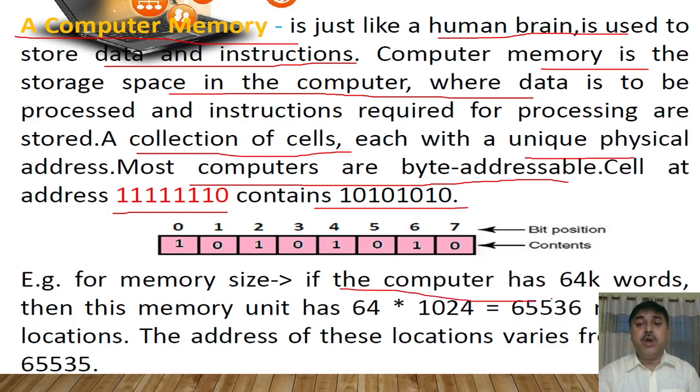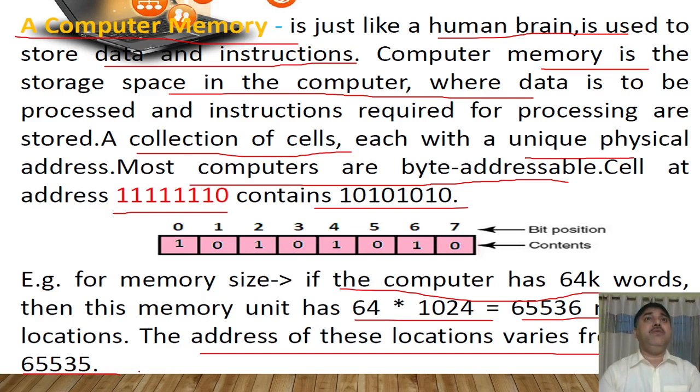If you compute 64K words, that means 64 into 1024, that is 65536 memory locations, with location addresses from 0 to 65535. So this is how we can have all this particular pattern of data.